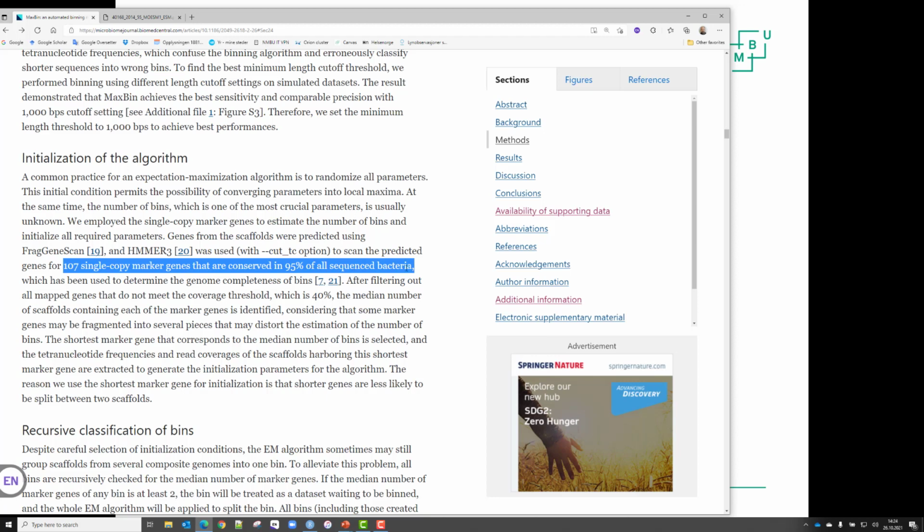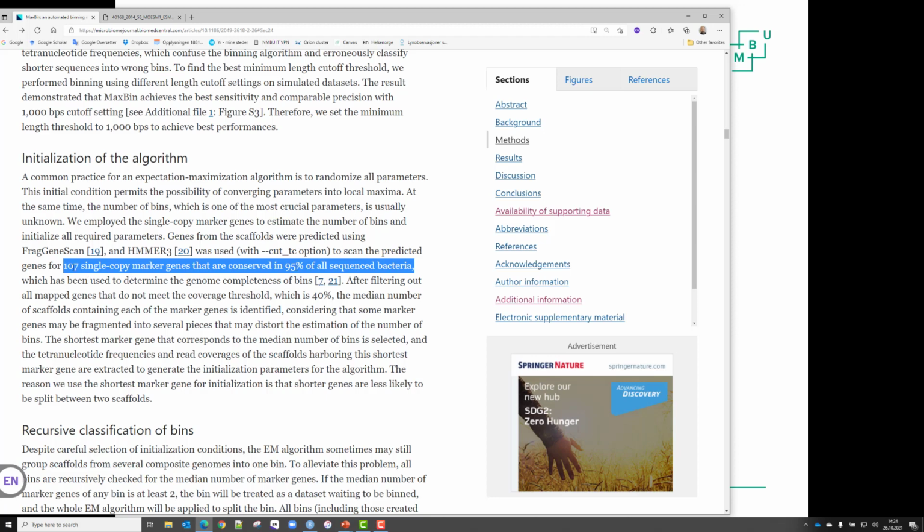Meaning that if you find this gene in a bacterium, you always find it in one single copy only. Bacteria never have 2 or more copies of these genes here, they claim. At least 95% of the bacteria have it as a single copy.